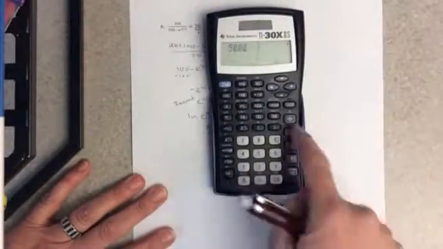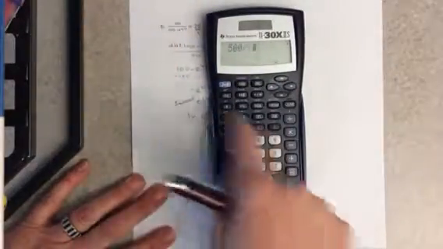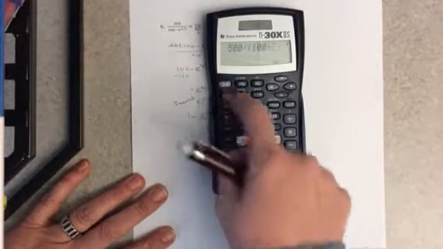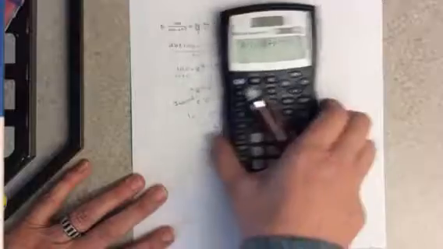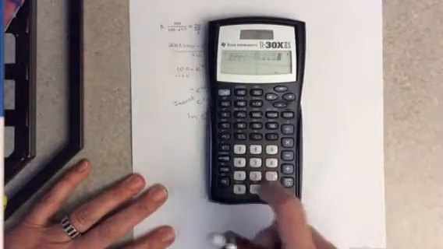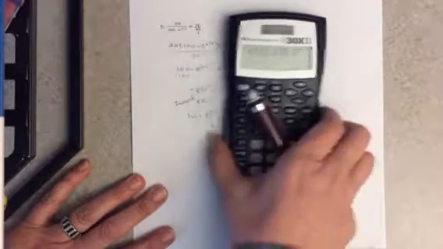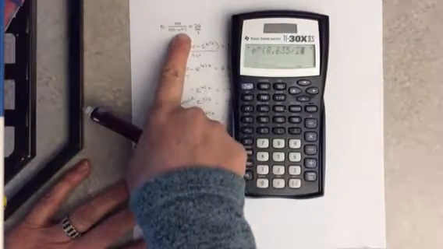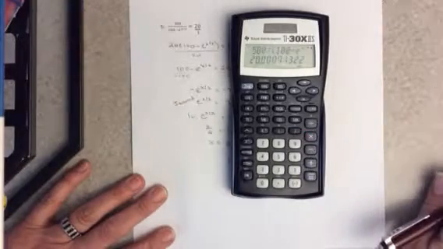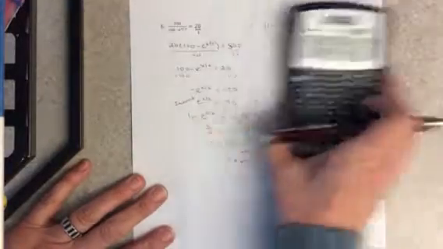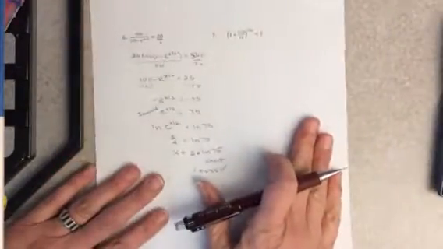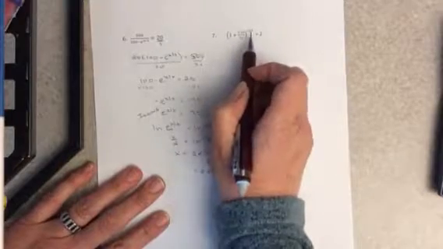So I have 500 divided by, I need parentheses because that's a binomial, 100 minus e to this number that I just got, 8.635 divided by 2. That's the power I want to put on e. And when I hit enter, I get just about 20. So that checks.